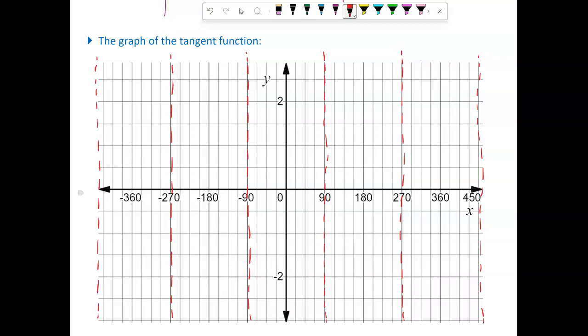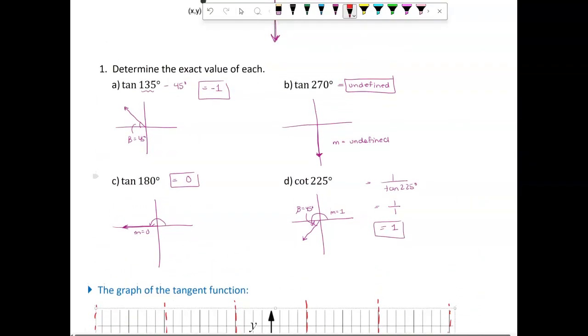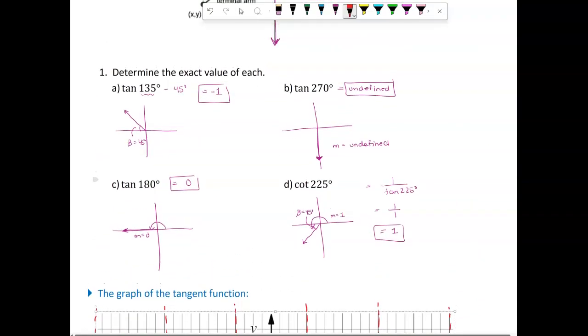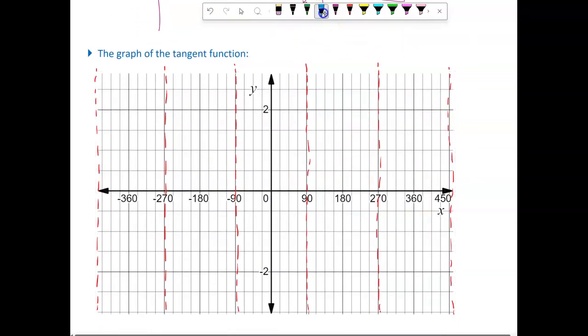What happens at the other part? Well, we said that when it was a straight horizontal line, like 180 or at 0, you would have a 0 slope. So we would have points at zeros, at 0, at 180, at 360, at negative 180, and negative 360.